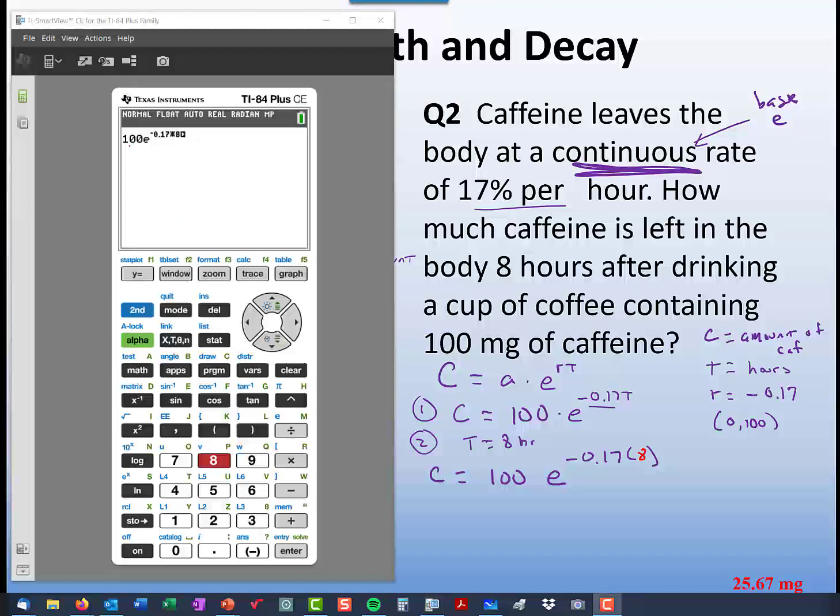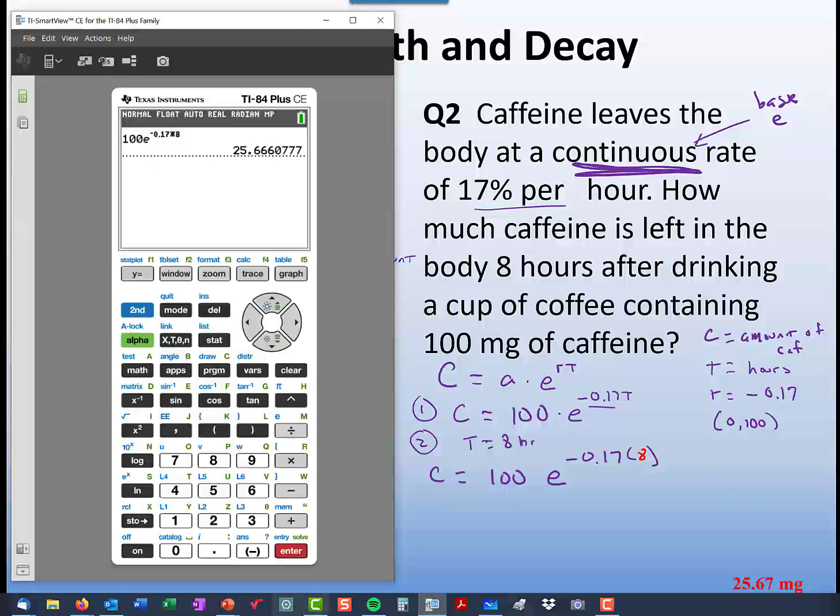Okay, you can see I typed in 100, that's the initial value, times the exponential function base E, raised to the negative 0.17 power times the 8 hours. And when we calculate that, it says 25.666777. Let's round that off to approximately 26 milligrams.